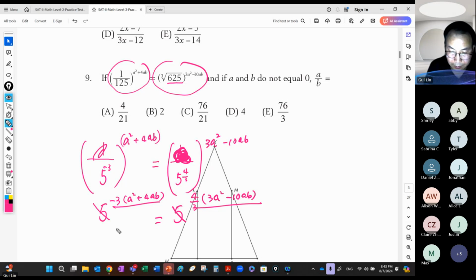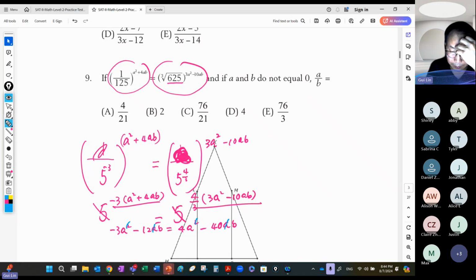Okay, so it becomes negative 3a squared minus 12ab equals 4a squared minus 40ab. Right? But a is not equal to 0, so we can take one a out as a common factor, right?